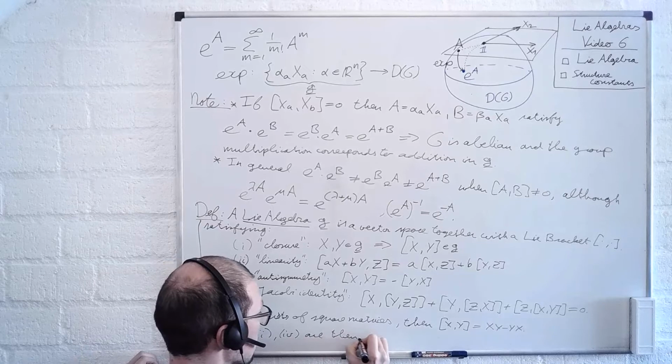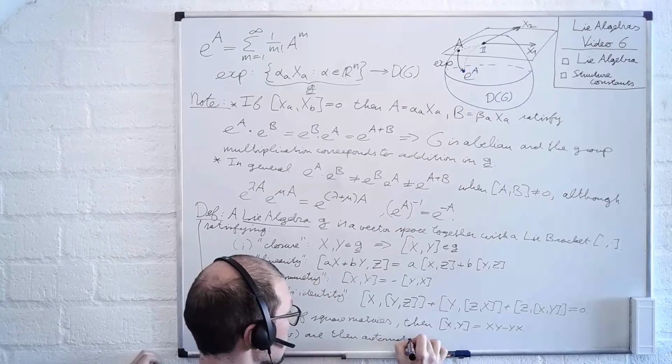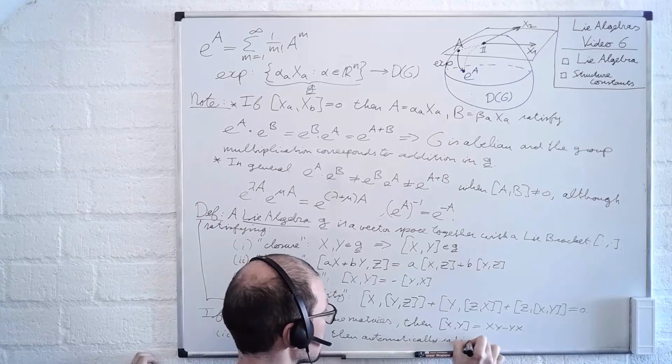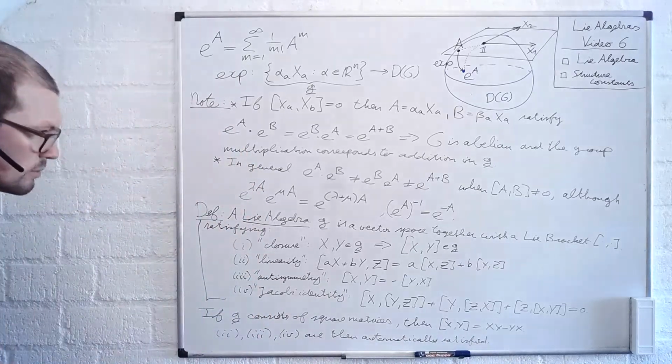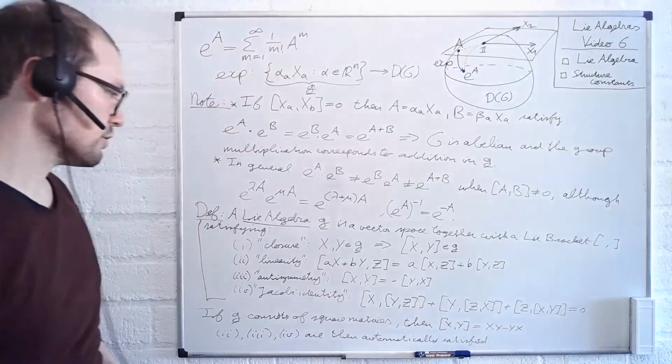So 2, 3, and 4 are then automatically satisfied, just by the properties of matrix multiplication.